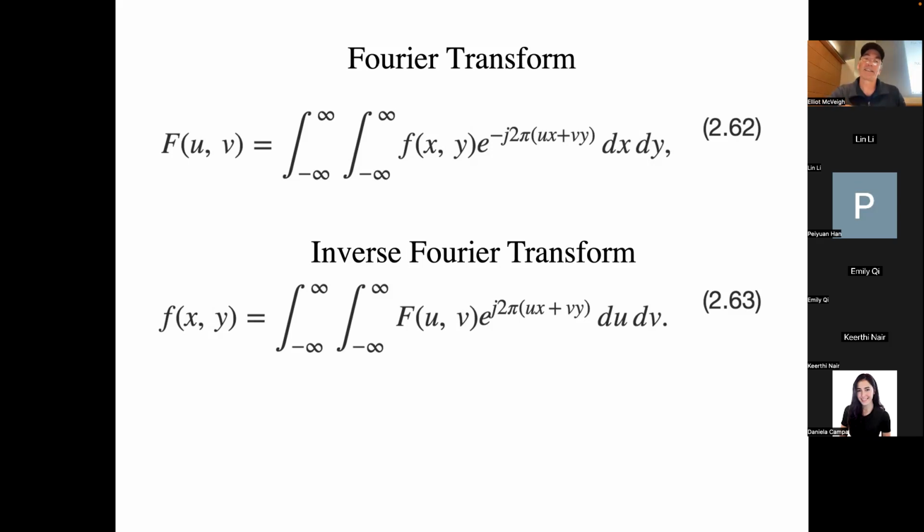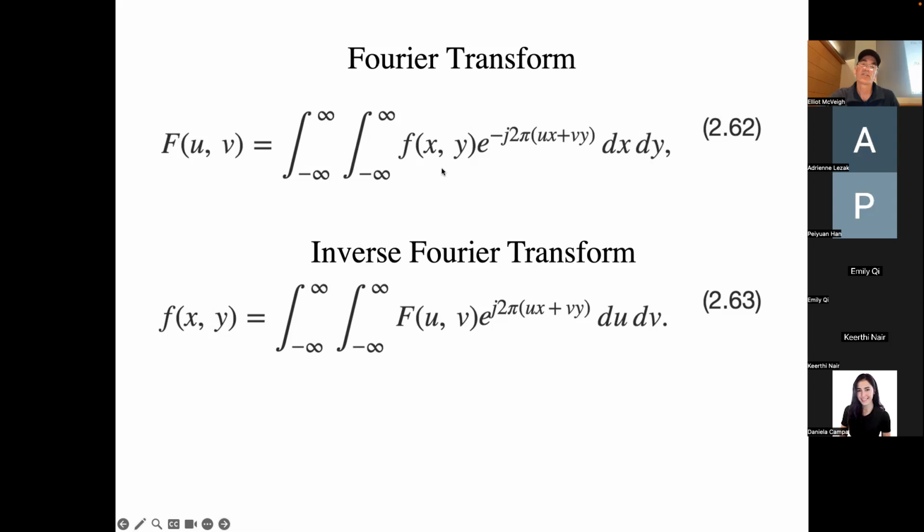And now in the continuous domain, you state that if I have a continuous function, in this case a 2D function in the plane, I can figure out the frequency components in this function by performing this Fourier transform operation.